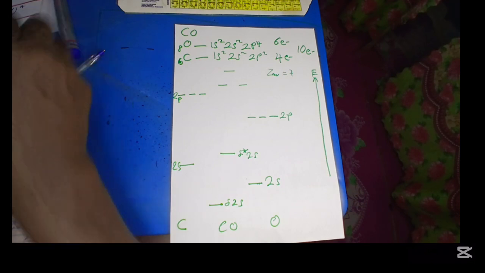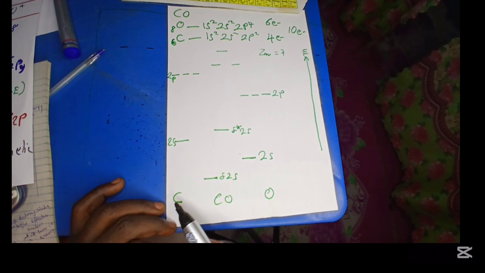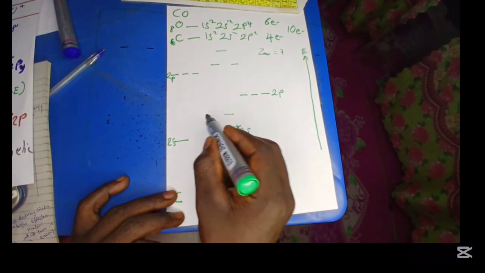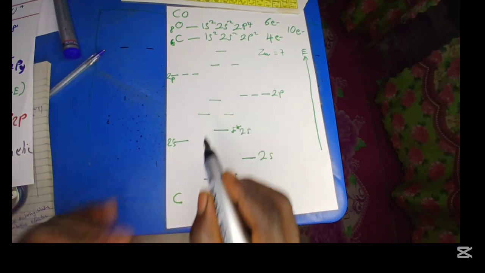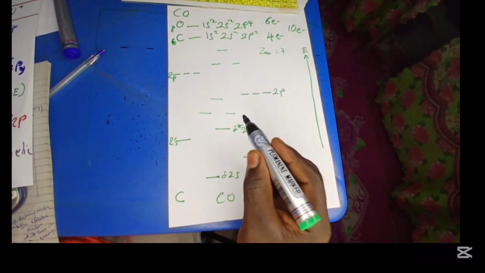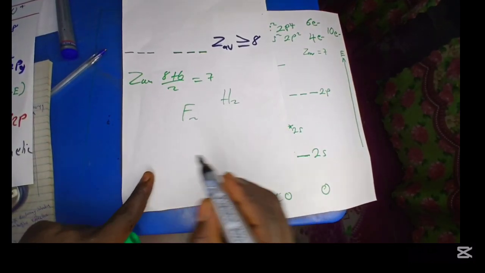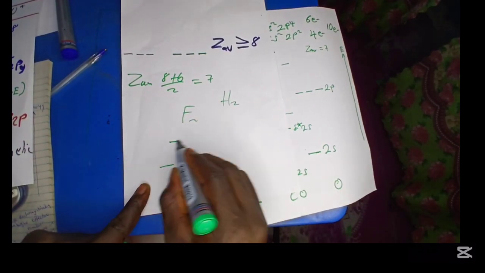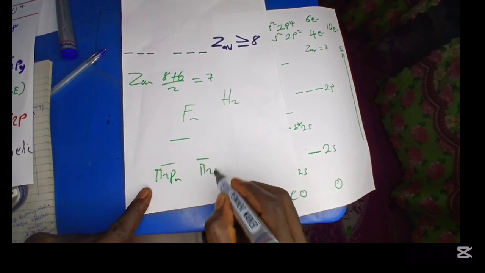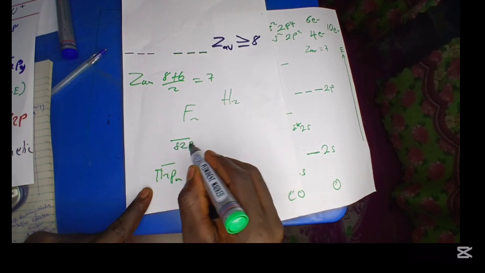So now when the 2p orbital of oxygen and the 2p orbital of carbon overlap, they are going to give us this. For this one, you can decide to separate it like this, like pi 2px, pi 2py, and sigma 2pz.